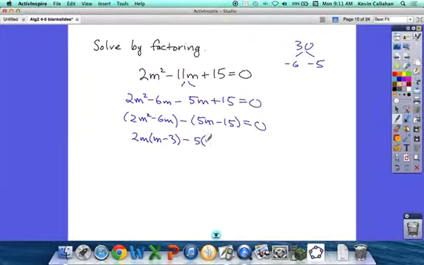And then if we got to the right spot, we had the same thing in parentheses in both terms, then we take that m minus 3 here, and what goes in the other set of parentheses is 2m minus 5.